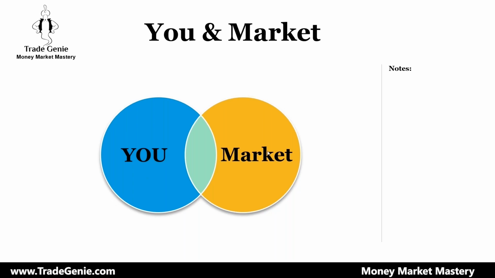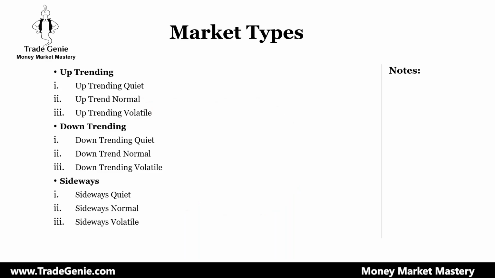I showed you 9 types of market. If we put the very volatile factor in also, then they become 12 types of market. You take a broader definition of bull market and bear market, but at least with uptrending, downtrending, and sideways, there are 12 types of market if you take very volatile into consideration.